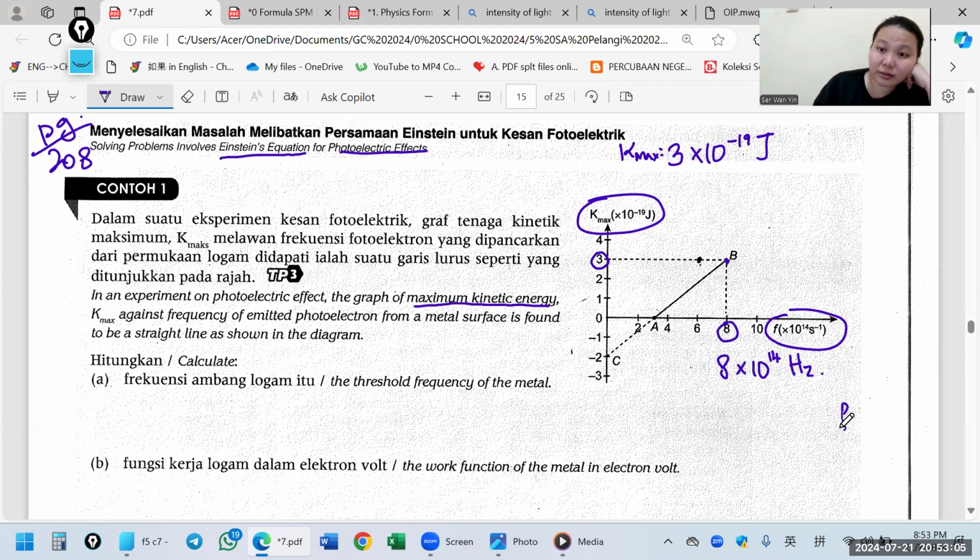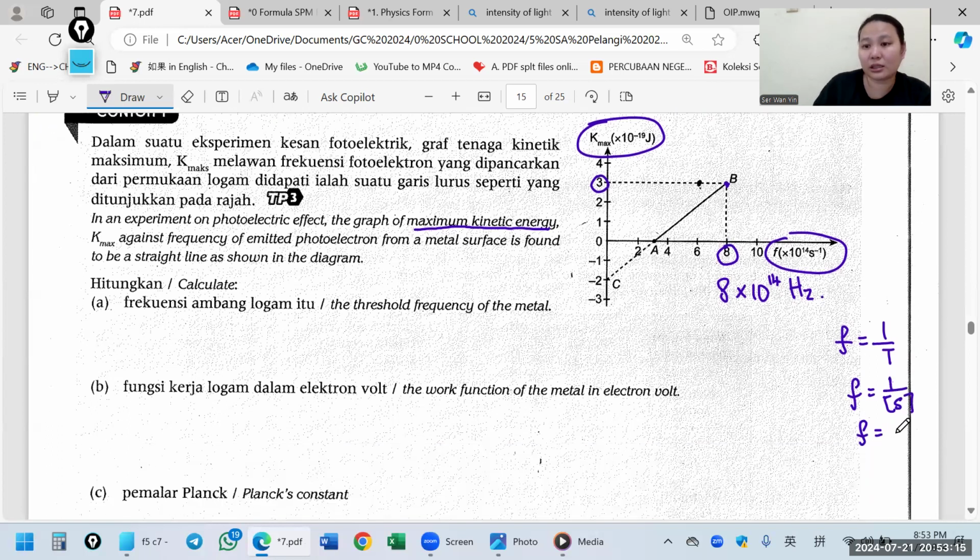Actually, what is hertz? Frequency equals 1 over period, so 1 over seconds. Hertz is s to the power of negative 1, so hertz is per second.